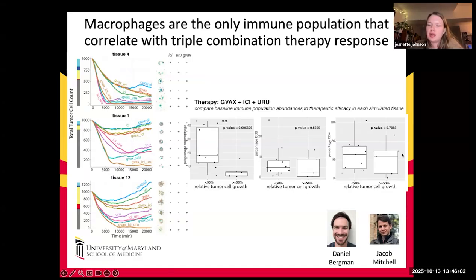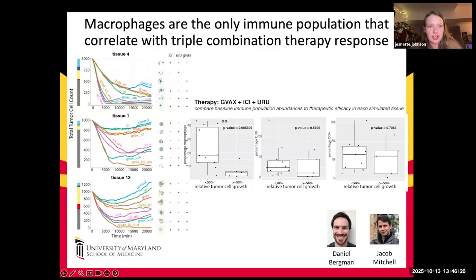That surprised me, because this model doesn't have that many things going on in it, and to me it just seemed that the more killing cells you have, the more killing is going to happen. But actually, it mattered far more how many macrophages were mixed in with that tumor mass in the center at baseline.